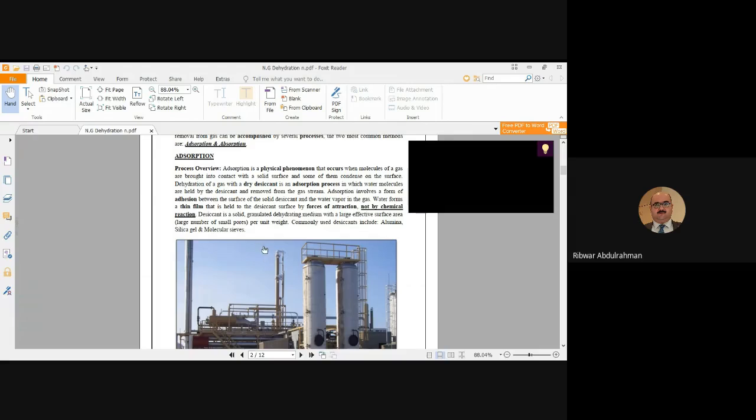So the wet gas, or the gas that is loaded with the water vapor, will be processed in this column, and there are components that can be adopted to absorb the water vapor. For example, alumina, for example, silica gel, and other components. And we already explained that in class. All right.